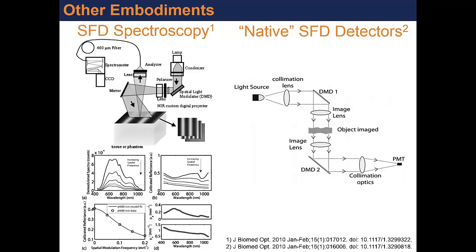And the benefit to this is that you can use very sensitive detectors. You can add time domain. You can cover large areas very, very quickly and do full 3D optical tomography, perhaps even with time domain contrast as well, with a point source and a point detector.